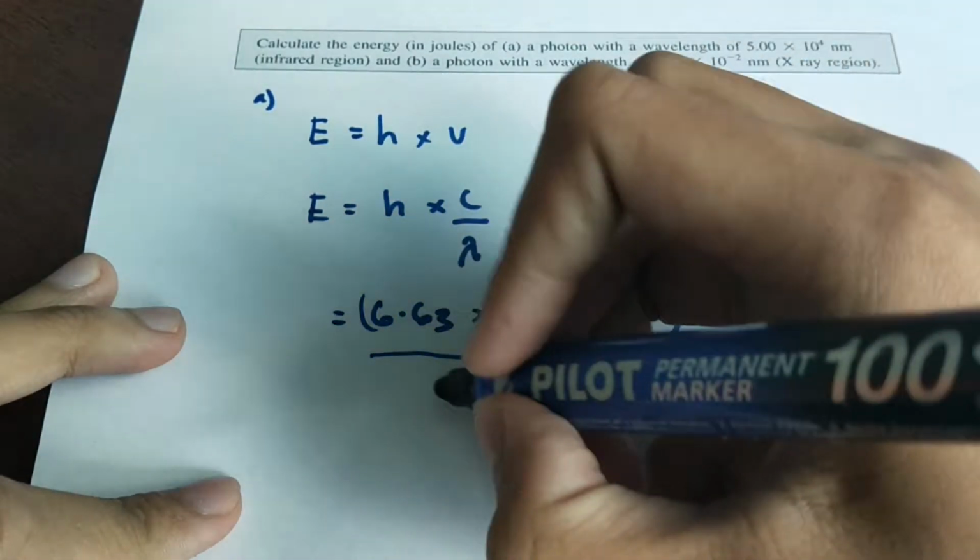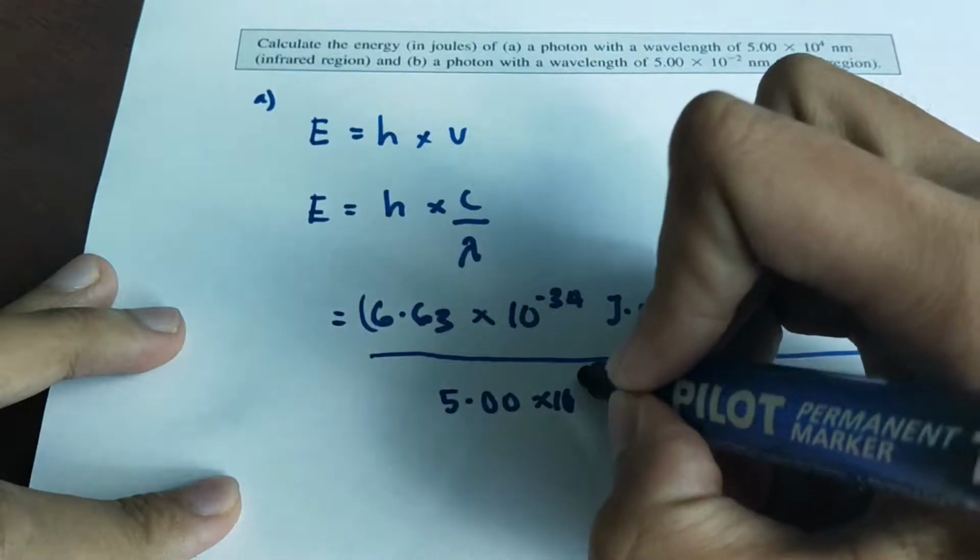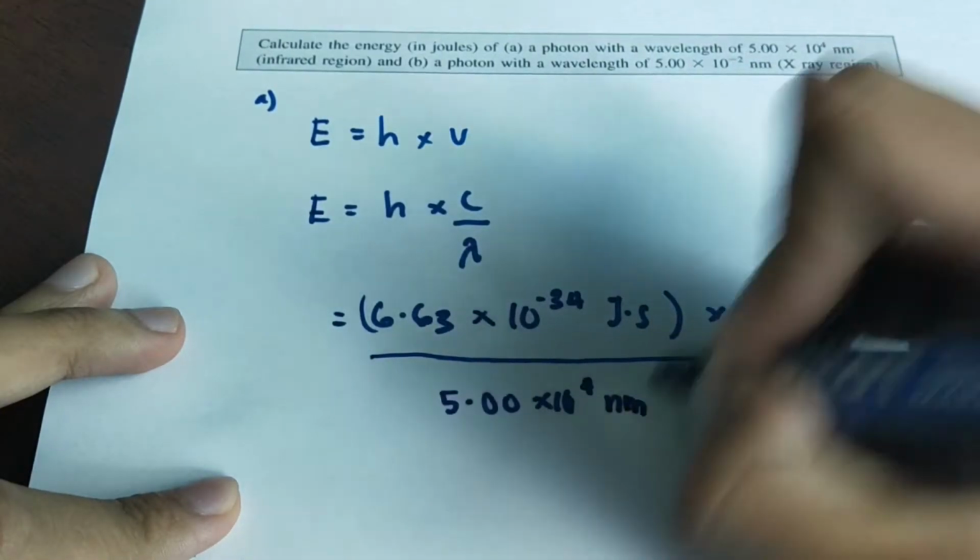Lambda is the wavelength, 5 times 10 to the power of 4 Newton meter.